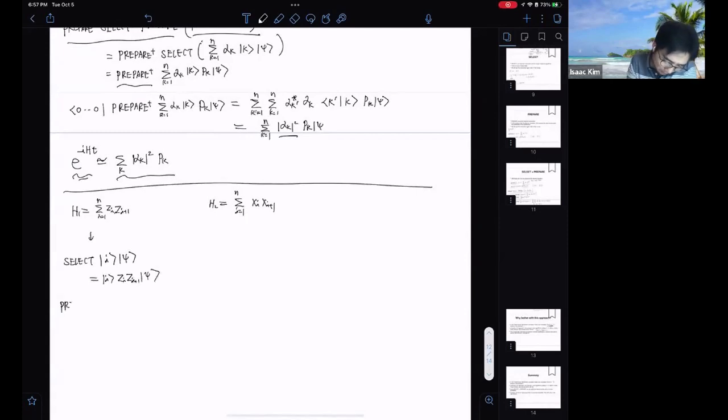And the prepare will look like this. And in this case, this is how the select will look. And the prepare will be the same.